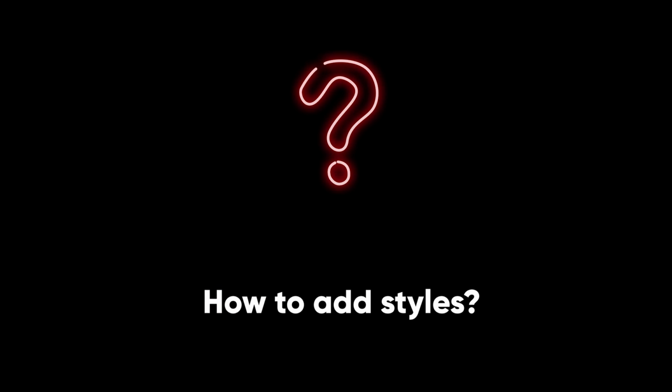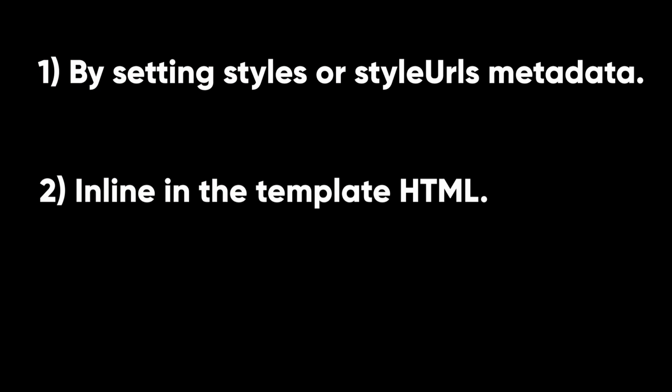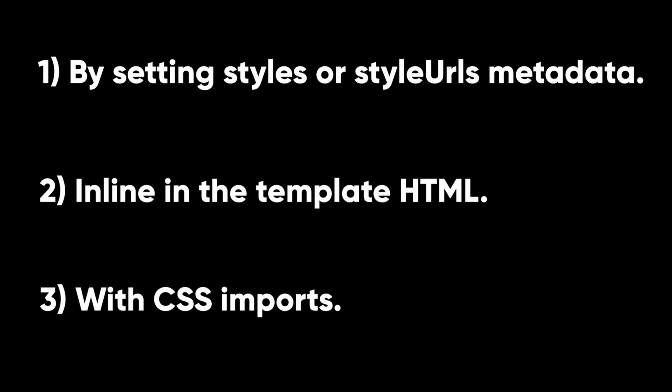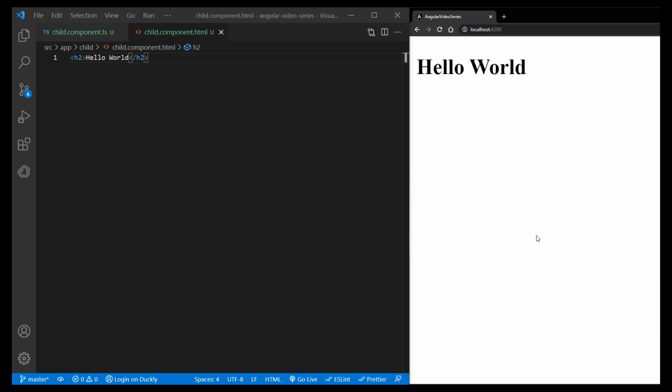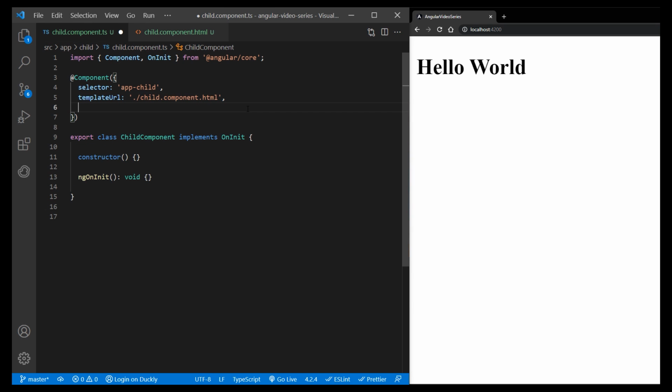There are 3 ways you can apply style: by setting styles or styleUrls metadata, inline in the template HTML, and with CSS imports. I created one blank component with only an h2 tag in the view to demonstrate all the different ways we can style it. You can add a styles array property to the component decorator.